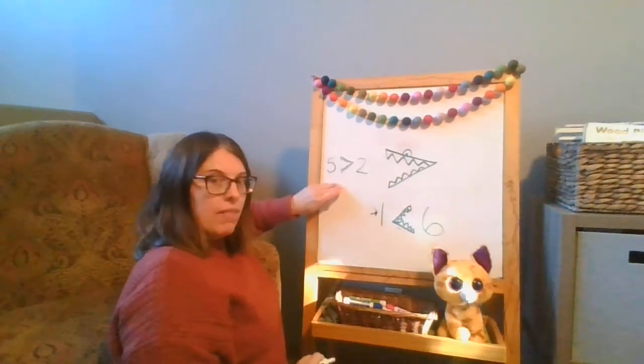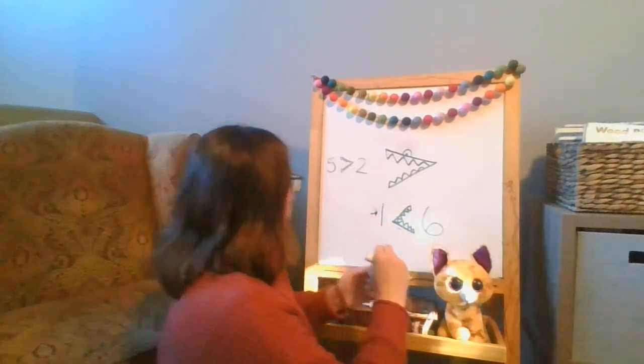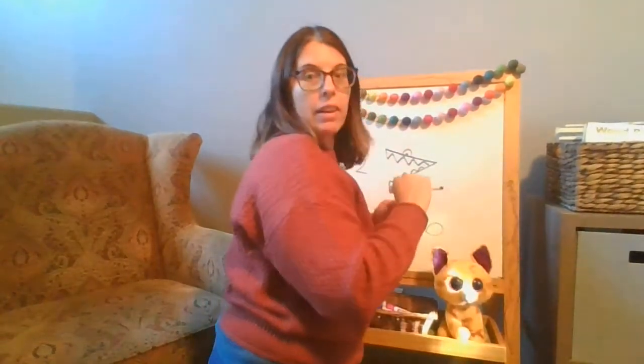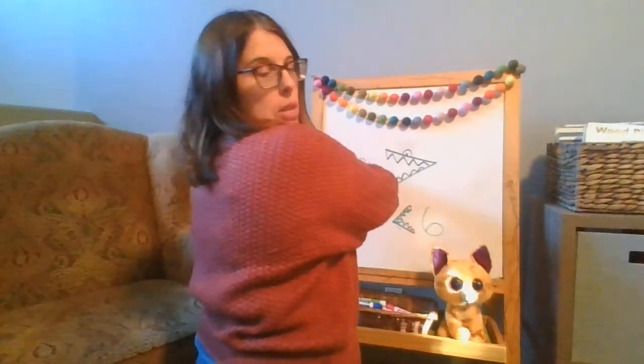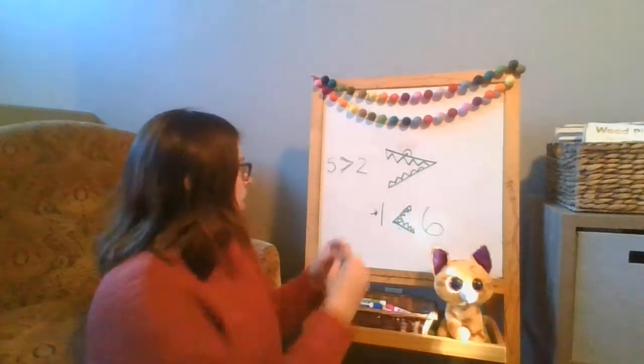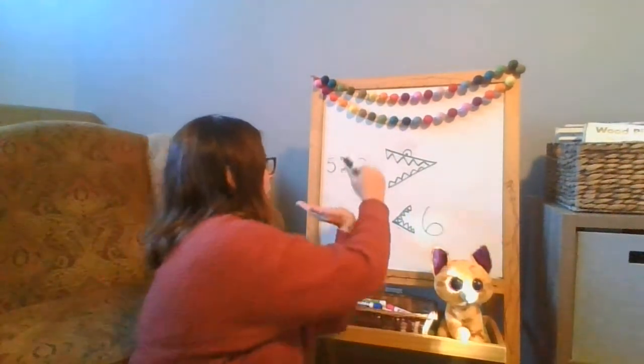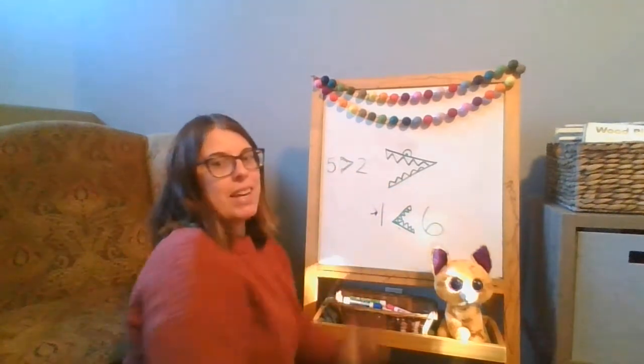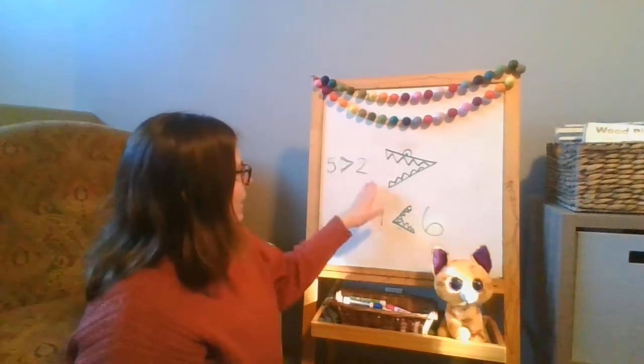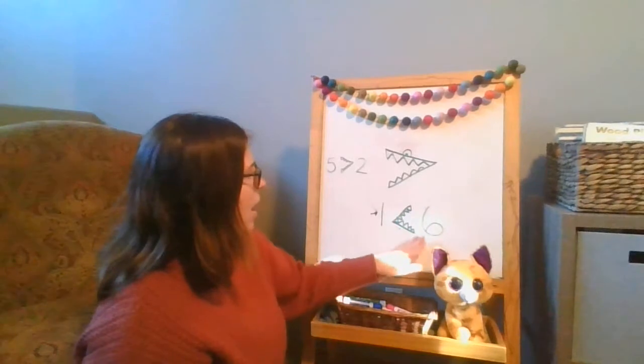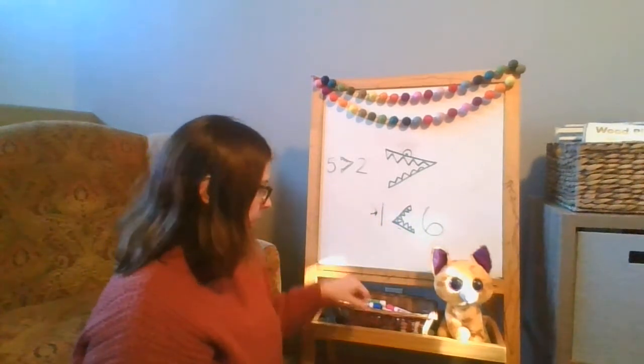The 5 is bigger, so that alligator wants to jump, jump, jump, jump, and eat the 5. Okay, I can't make my hands go that way very easily. Jump, jump, jump, jump, and eat the 5. So Hungry Mr. Alligator is going to eat whatever number is bigger.